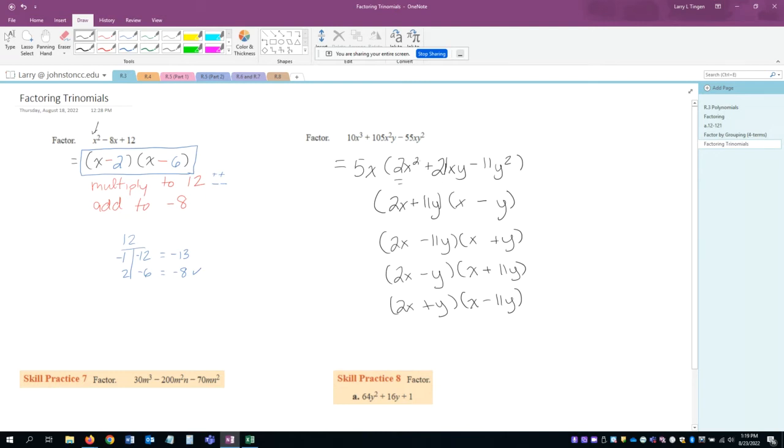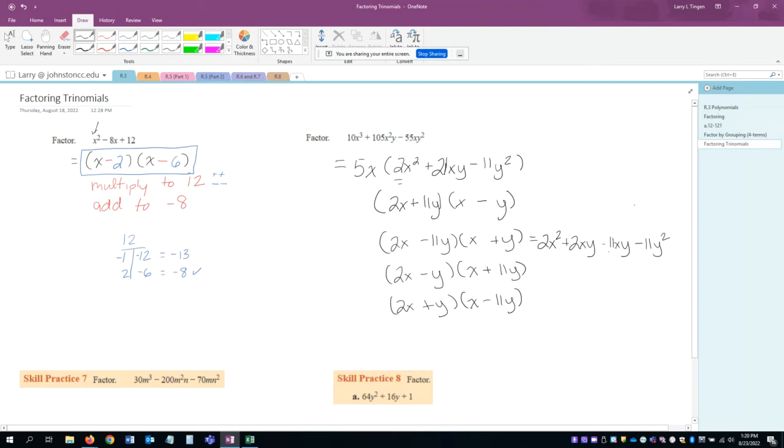The second one. So the second one, if I FOIL this out, I get 2x squared, first, outer, plus 2xy, minus 11xy, minus 11y squared.